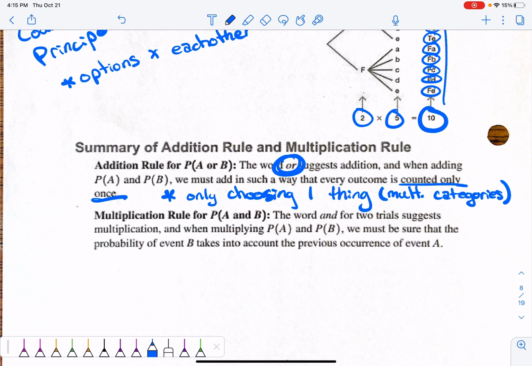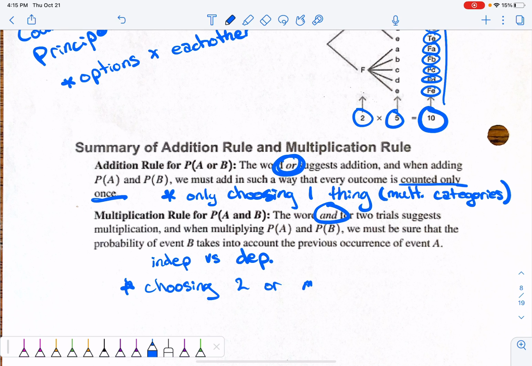For the multiplication rule, you will see the word and. You want to take into consideration independent versus dependent events, whether you're subtracting one from the bottom number or not. And you are doing multiplication when you are choosing 2 or more things.